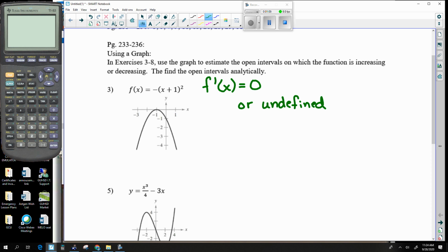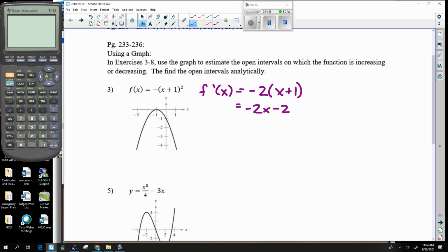So we first find all of those. We take the derivative of this, which is -2x plus 1 to the 1 times 1 with the chain rule, so -2x minus 2. Actually, I can make it just like this. And so I'm going to find critical values, and I see that I have a critical value at -1.